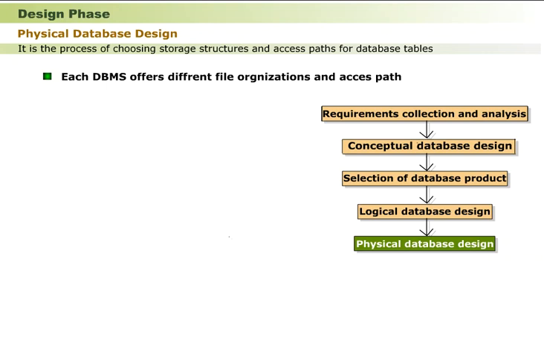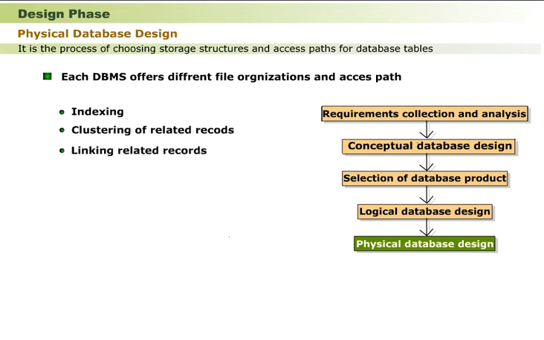These usually include various types of indexing, clustering of related records on disk blocks, linking related records via pointers, and various types of hashing. Once a specific DBMS is chosen, the physical database design process is restricted to choosing the most appropriate structures for the database files from among the options offered by that DBMS.